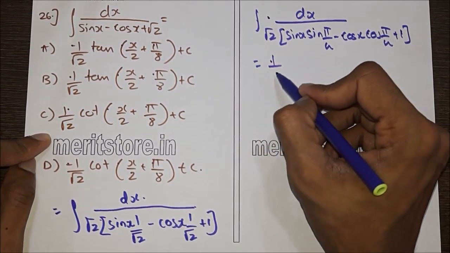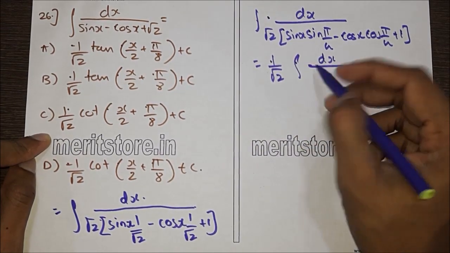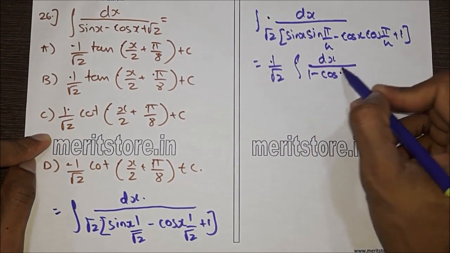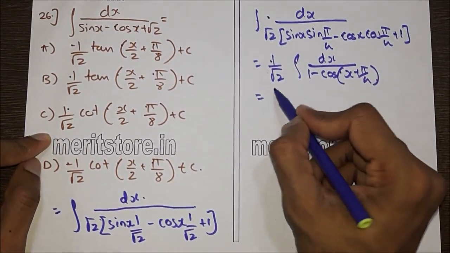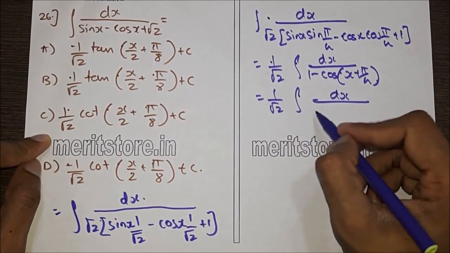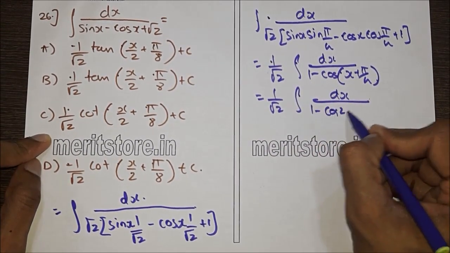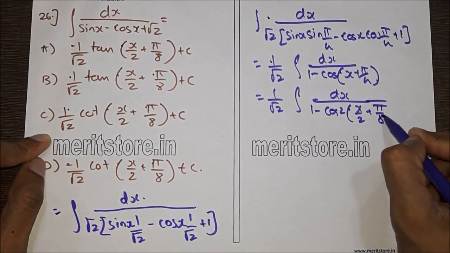Further, we can write this as 1 by root 2 integral dx upon 1 minus cos x plus pi by 4. 1 by root 2 integral dx can be written as 1 minus cos 2 into x by 2 plus pi by 8.